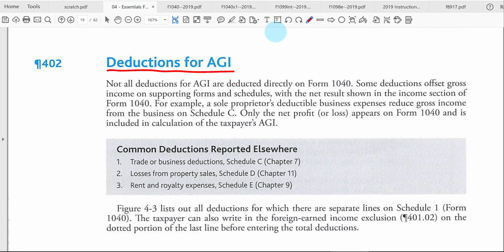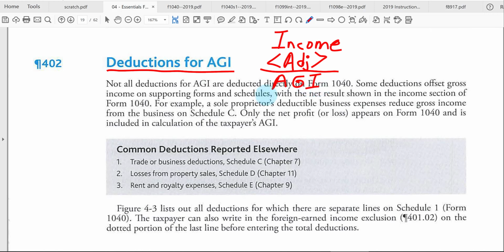So we've already learned in past chapters income that is taxable, or here in Chapter 4, or really the previous chapter, income that's includable. And now here in chapter 4, the second half, we're going to subtract out deductions called adjustments to get to that term we've seen, adjusted gross income.